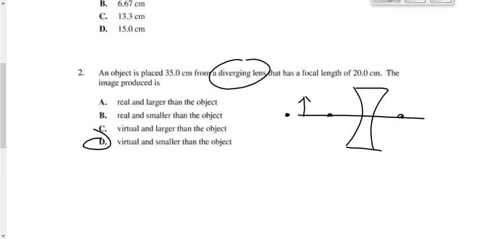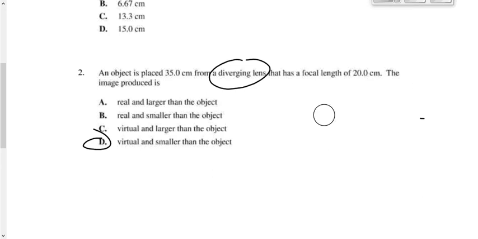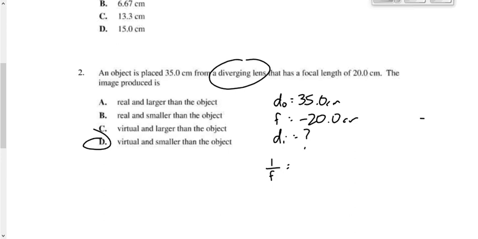Now there is a way to do this mathematically as well. We could say that DO is 35.0 centimeters. We could say that the focal length is negative 20 centimeters. How come it's negative? Because it's diverging, right? Let's find the value of DI here. DI is found by the lens equation. 1 over F is equal to 1 over DO plus 1 over DI.